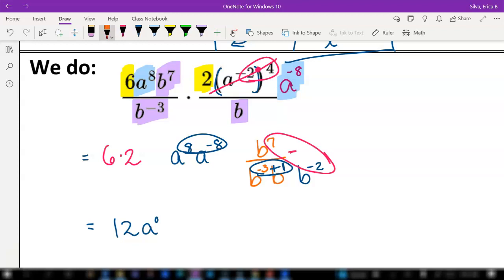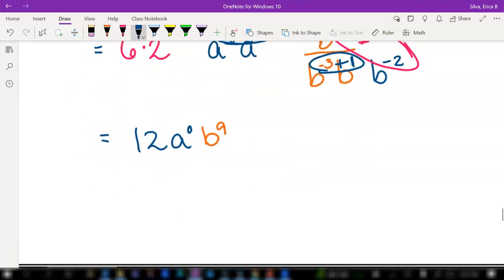So 7 minus negative 2. Remember, when you have two negatives, we turn it into a positive. So 7 plus 2 is 9. So we get b to the 9th power. We apply the 0 rule, and that tells us anything to the 0 power is 1. So we can basically cancel it because 12 times 1 is 12. So 12b to the 9th power.